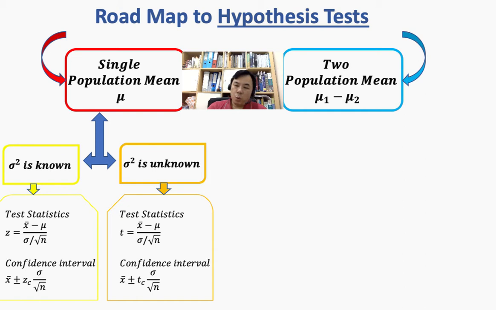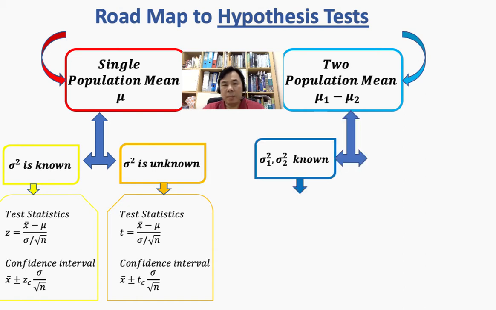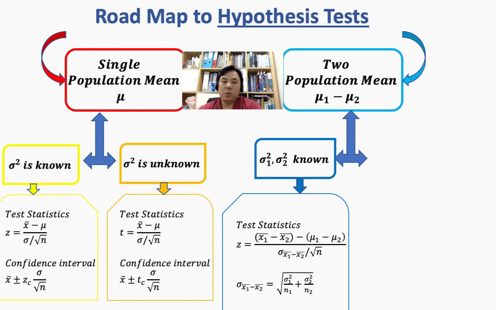But for two population means or two sample mean distributions in this case, with both variances known, the test statistic will look something like this. The test statistic involves the difference between the two population means.